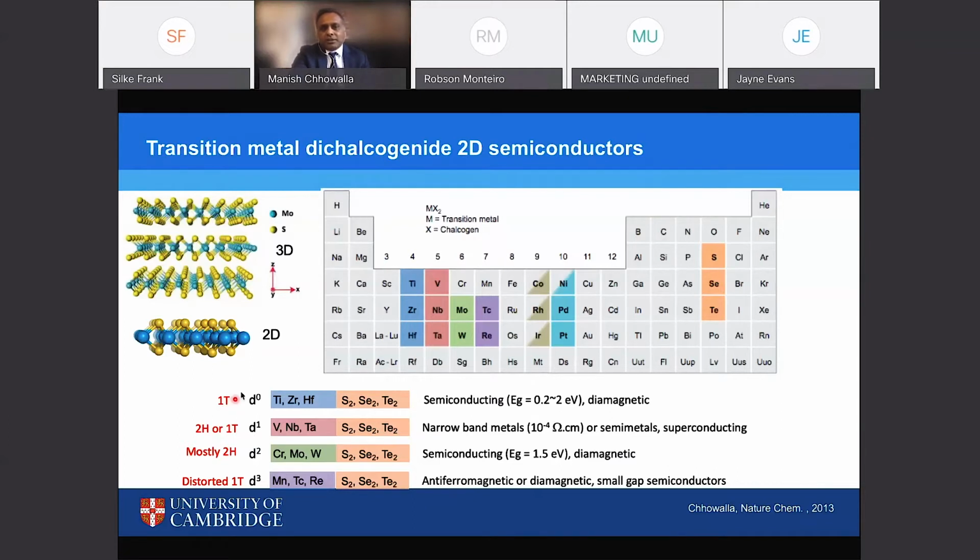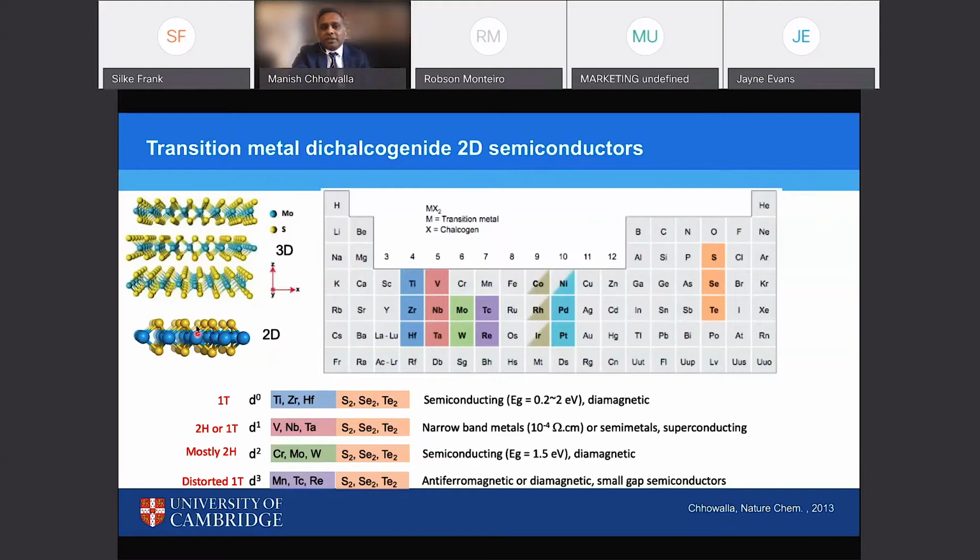The other important thing to note is that these TMD compounds with the MX2 formula, comprising these group 4 to 10 transition metals and chalcogens, are in fact layered compounds. What this means is that they have a structure similar to graphite, with strong in-plane bonding and weak interlayer bonding. This allows us to go from a three-dimensional solid to a single sheet of these materials, what's referred to as a two-dimensional solid.